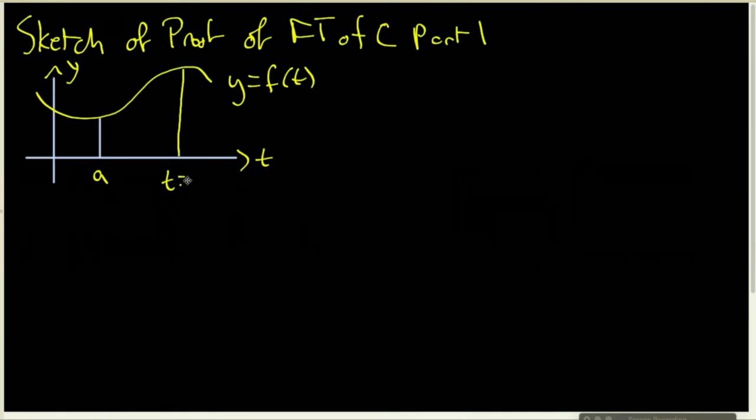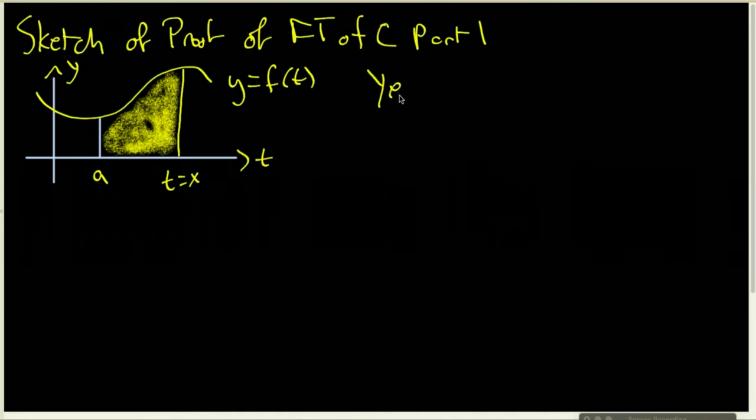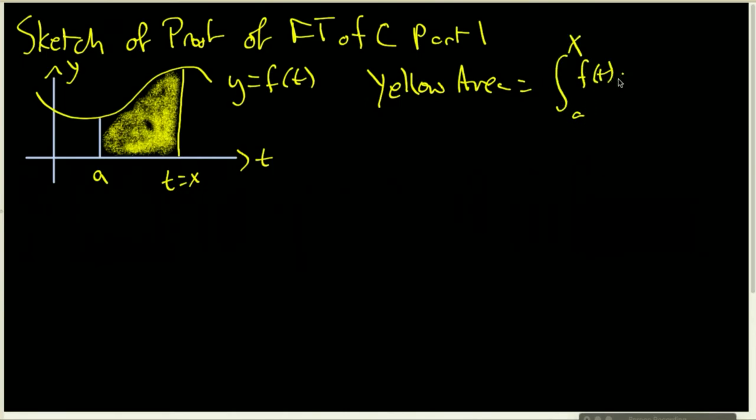So this is the line t is equal to x. And I want to shade in this yellow area. That yellow area is equal to the integral from a to x of f of t dt. In other words, it is equal to A of x.